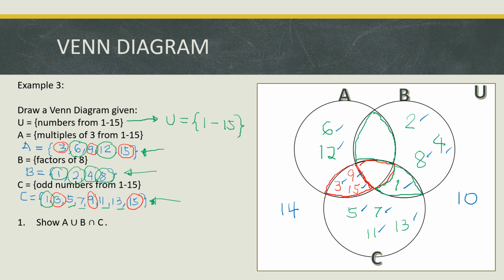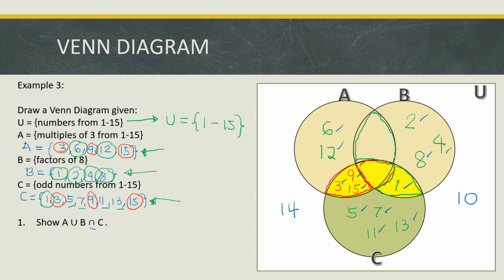But what if we are to show A union B intersect with set C? First, since A union B has this illustration and set C has this illustration, we're going to check the intersection of A union B that intersects with set C, and this is the illustration.